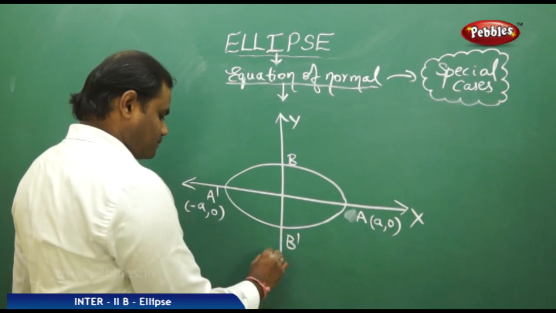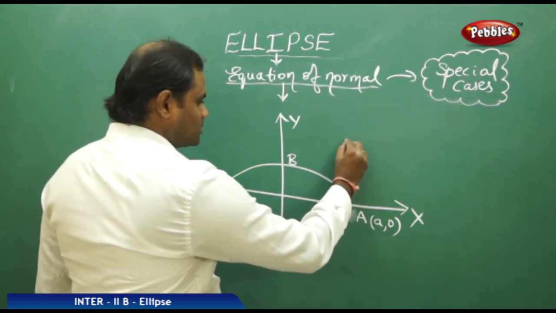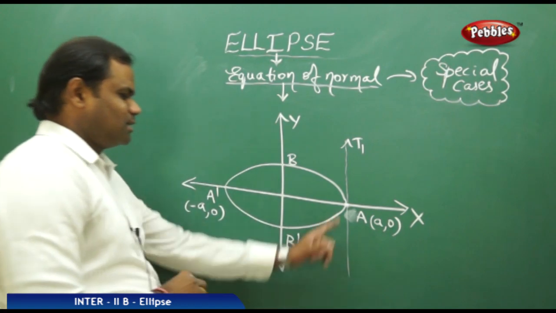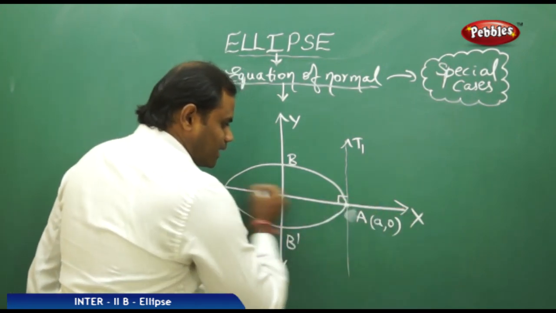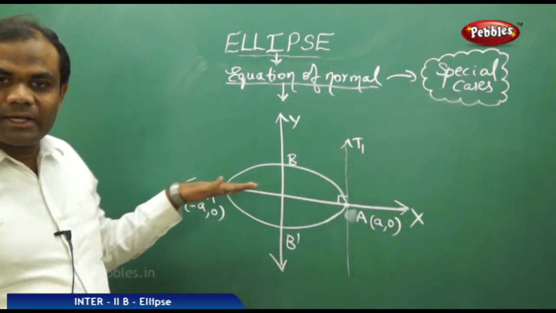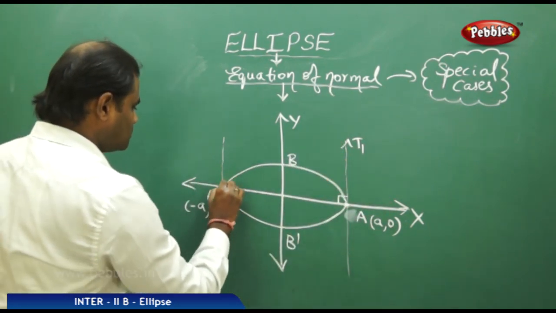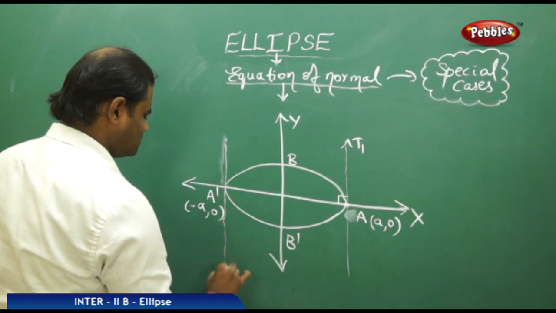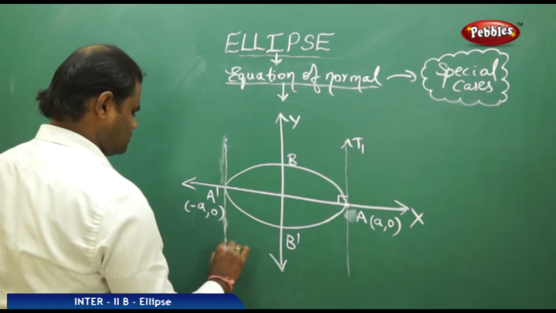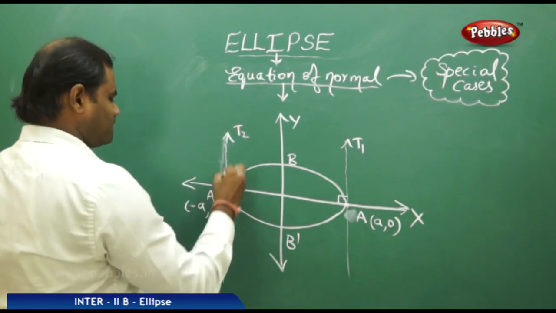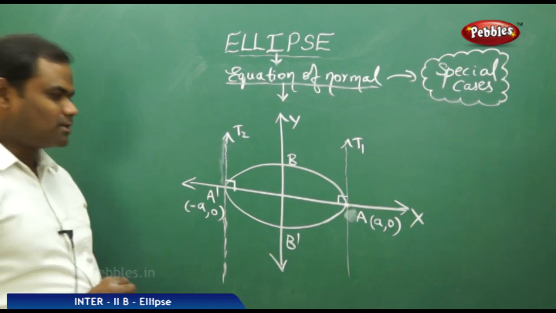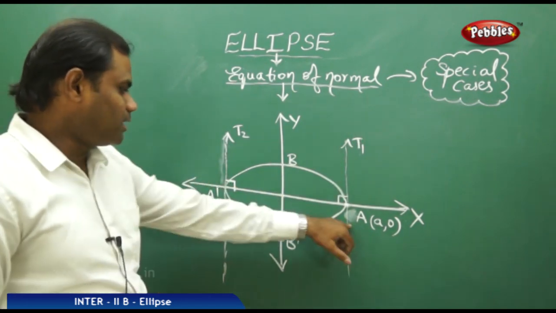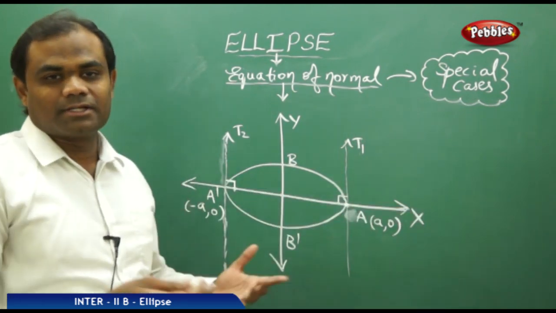Let's draw a tangent at A, that is (a, 0), and clearly the tangent here, say T1, is perpendicular to the x-axis. Similarly, the tangent drawn at A dash, say T2, is also perpendicular to the x-axis. So the line perpendicular to the tangents T1 and T2 and passing through A and A dash is nothing but the x-axis.